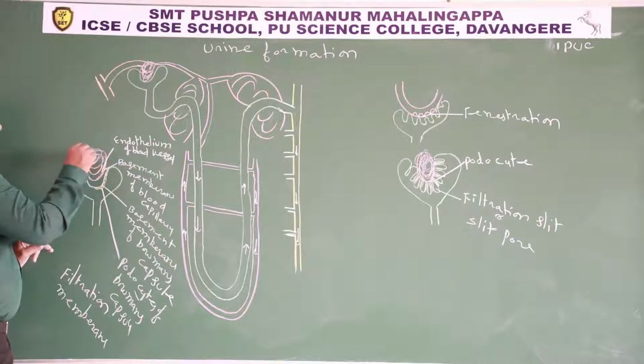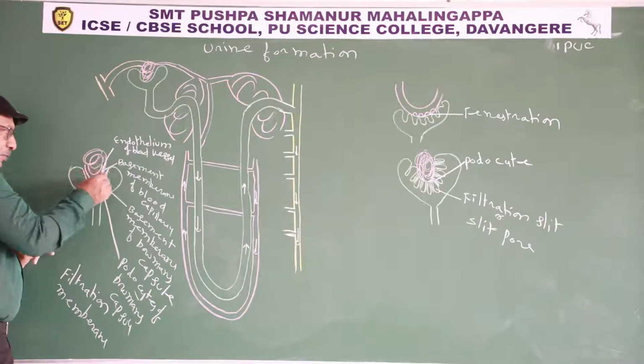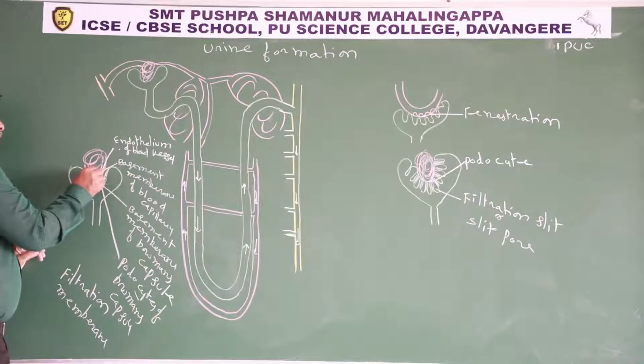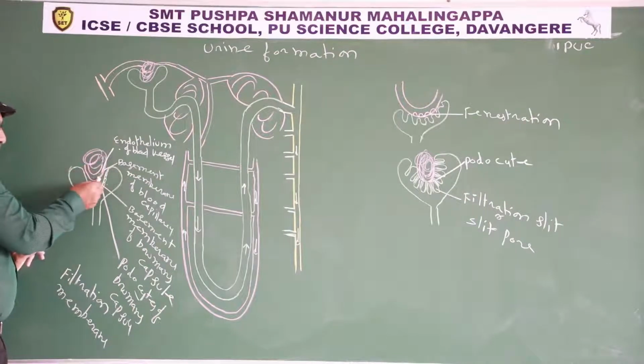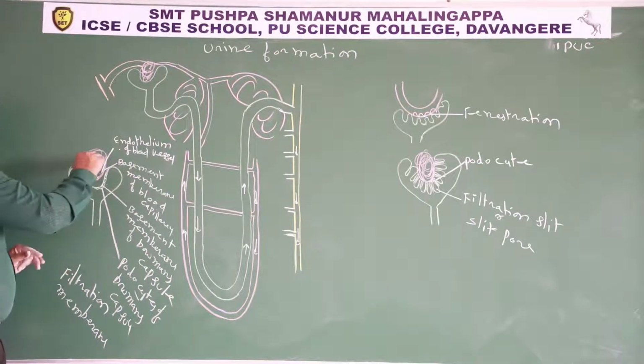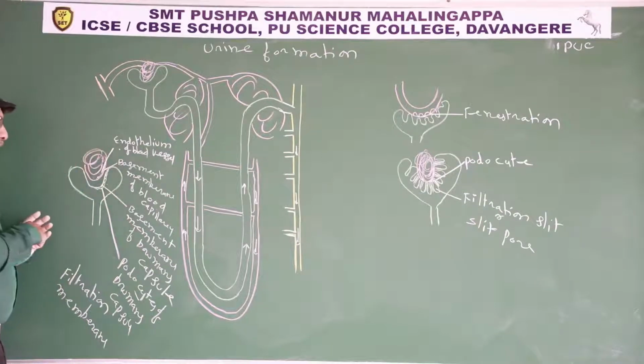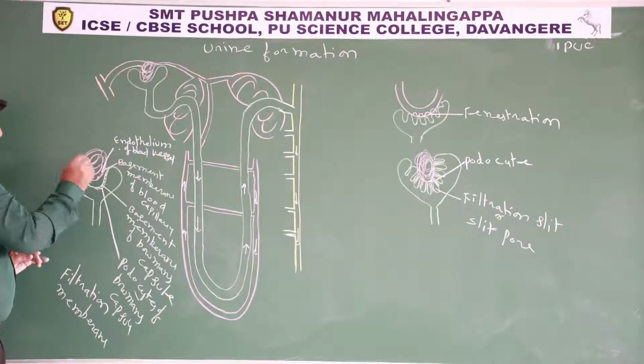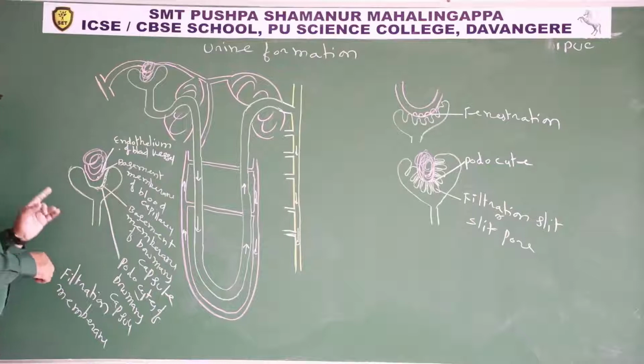Flattened epithelial cells of blood capillary, or endothelium of blood vessel, one layer. The flattened epithelial cells of blood vessel rest on the basement membrane. Podocytes rest on the basement membrane. So these three layers are: flattened epithelium of blood capillary, one layer; flattened epithelium of Bowman capsule, one layer; basement membrane of blood capillary and basement membrane of Bowman capsule.